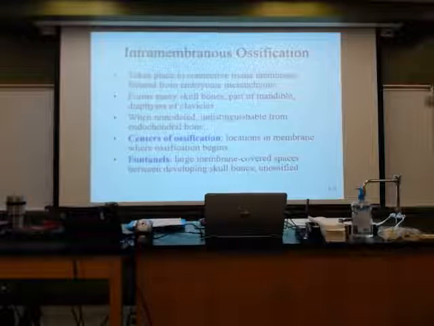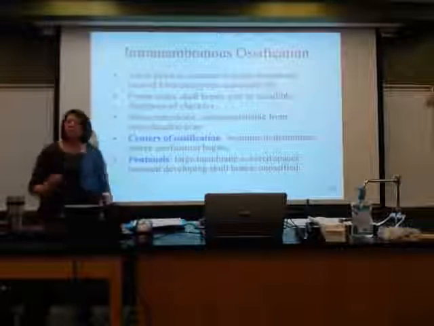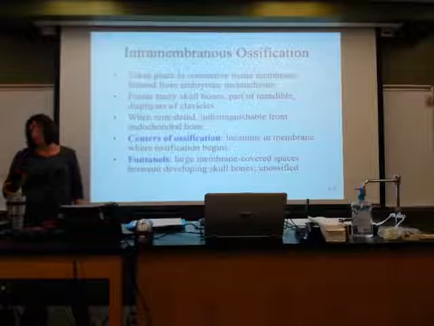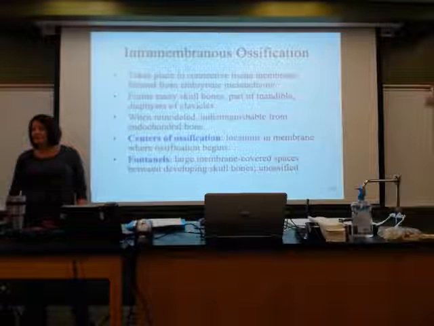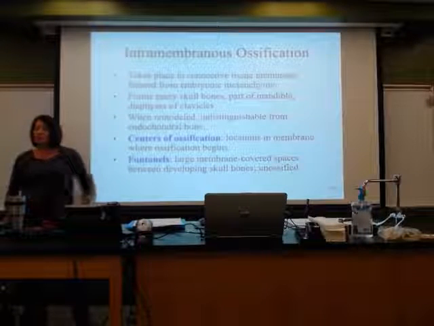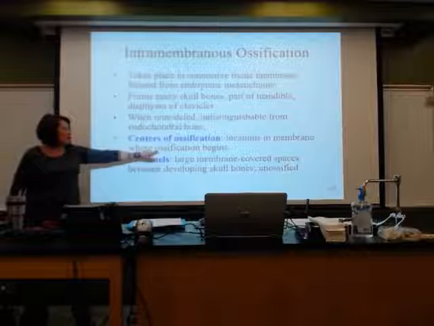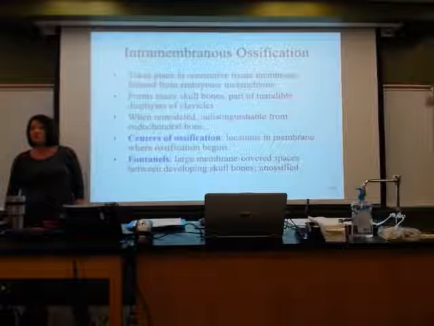So what happens is there will be areas in that membrane that are termed centers of ossification. So you'll have areas throughout that membrane, and this is going to allow for ossification to start.